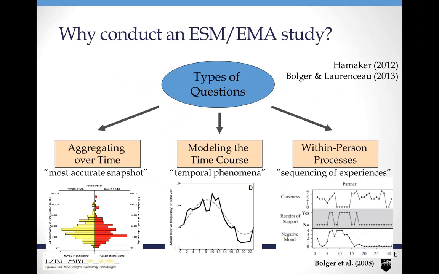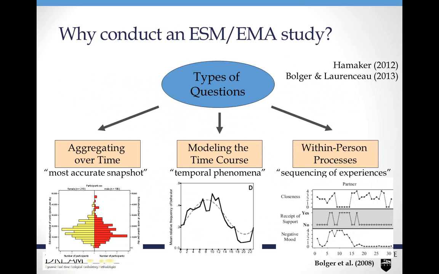Okay, so when we're conducting an ESM study, there's three main ways that we can model the data. One is aggregating your data over time so that you can get a more accurate snapshot of that thing that you're measuring, whether it's emotion or pain or the number of words that people are using.